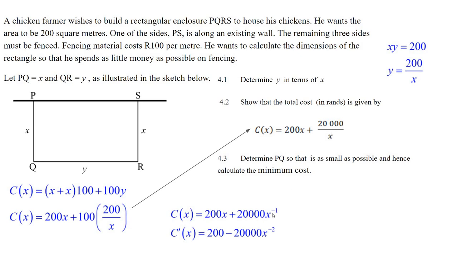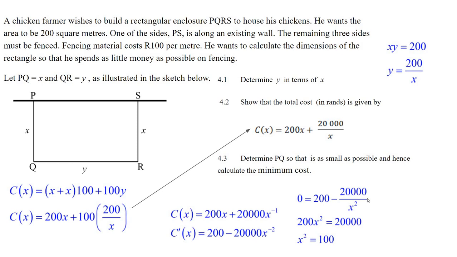Instead of 1 over X, I make it X to the minus 1. Now I'm going to find the derivative. Derivative of 200X is 200. Minus 1 times 20,000 is minus 20,000, but you've got to subtract 1, X to the minus 2. Well, there you go. That's your first part. But that X to the minus 2 really means 20,000 over X squared.